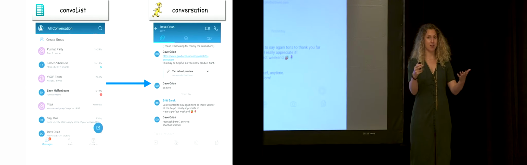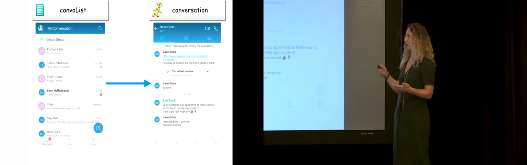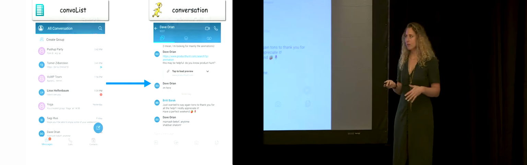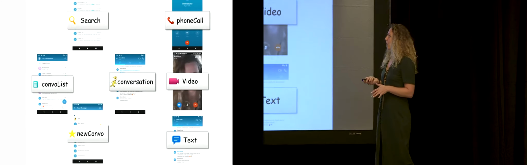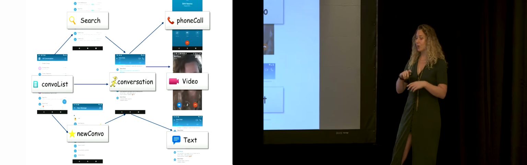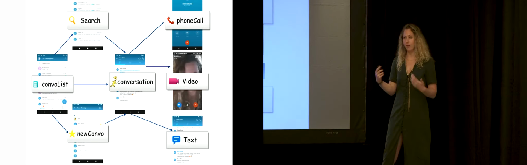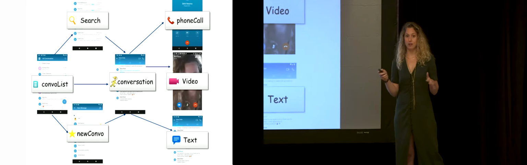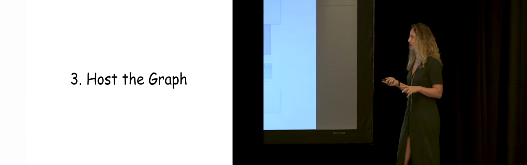This is the action that you want to do. So from the conversation list, I can go to a conversation. Now we want to do that for all of the destinations, and then instead of just getting a node, we'll get a real graph for the flow of our app, with all of the different connections between the different fragments, between the different destinations.